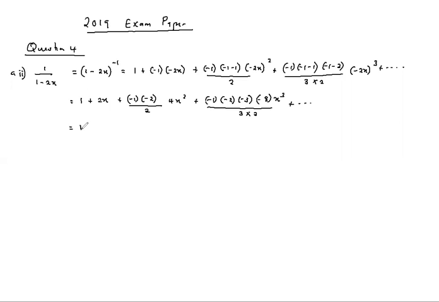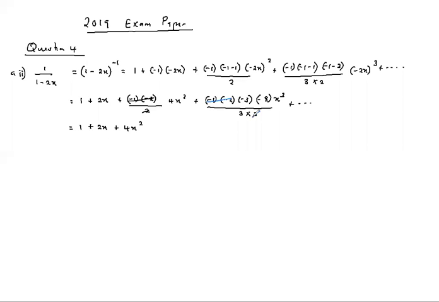This gives us 1 plus 2x, and then negative 1 by negative 2, we get 2. So this 2 and the 2 down cancels, and we remain with plus 4x squared. Then again here, we have negative 1, negative 2.